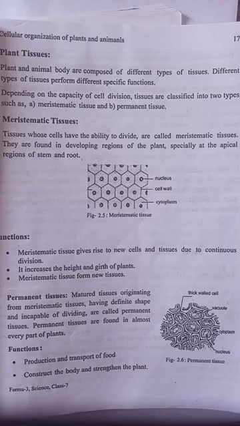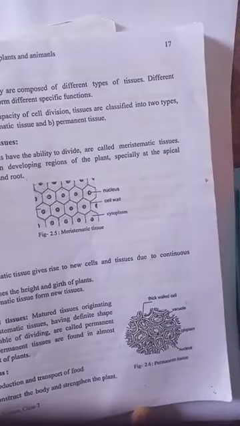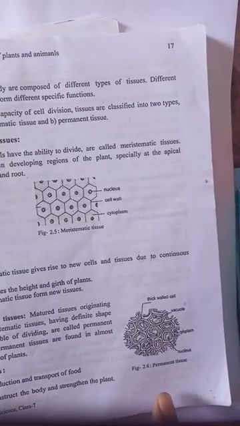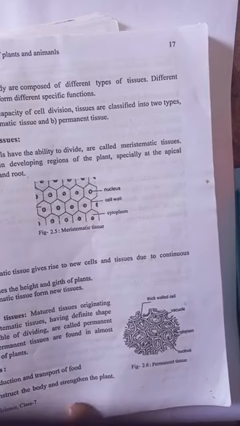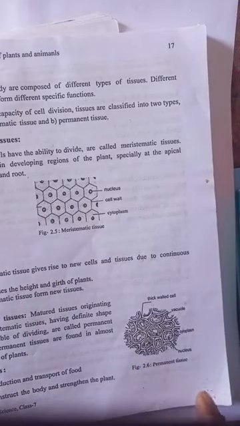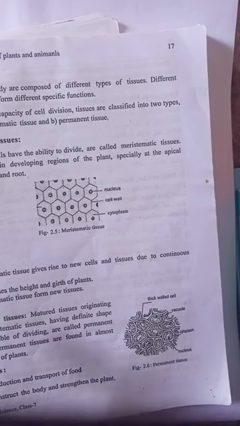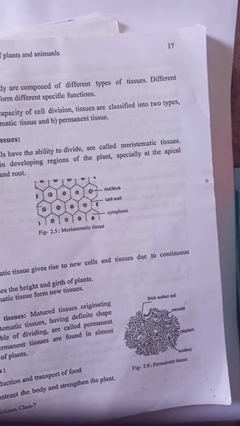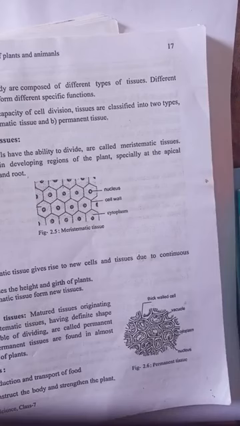This is the function of permanent tissue. You see the figure of permanent tissue here: it is very thick, matured. And meristematic tissue is very growing, very young and fresh. They are found in young plants, young animals like that, right?